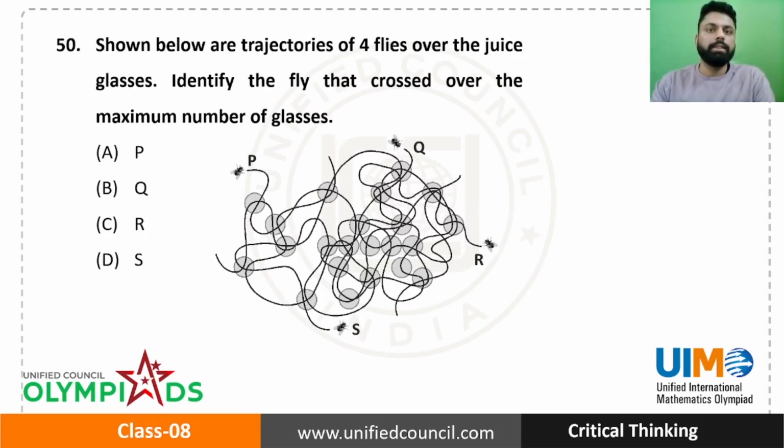Shown below are trajectories of four flies over the juice glasses. Identify the fly that crosses over the maximum number of glasses.